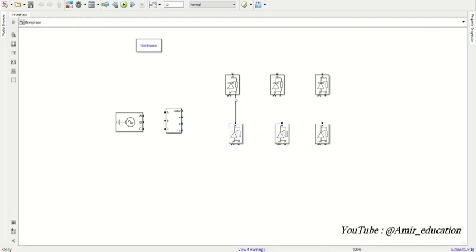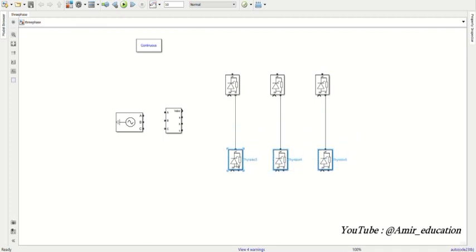Okay, let's connect our circuit blocks. Let's make it bigger so it can connect more easily.